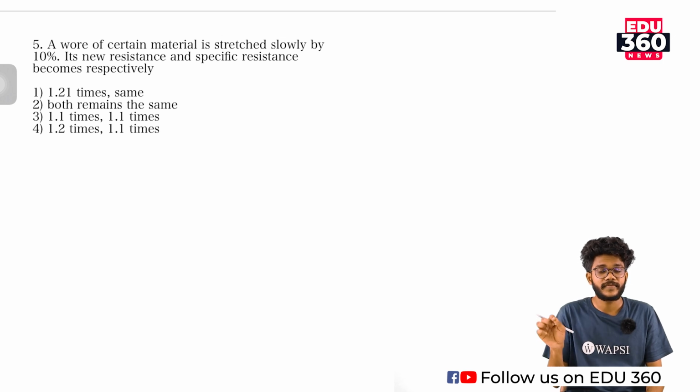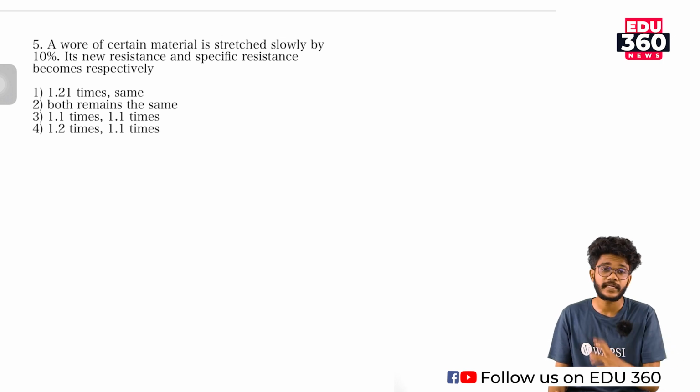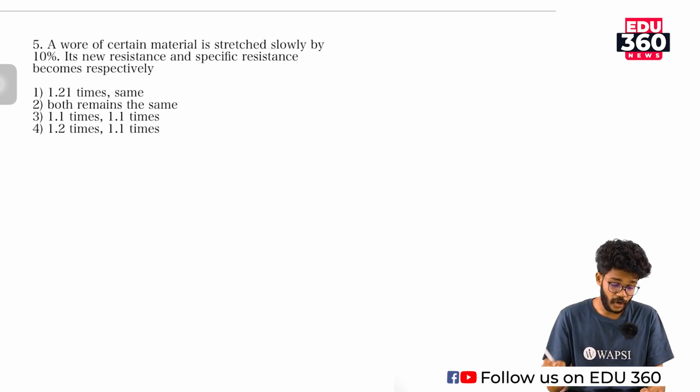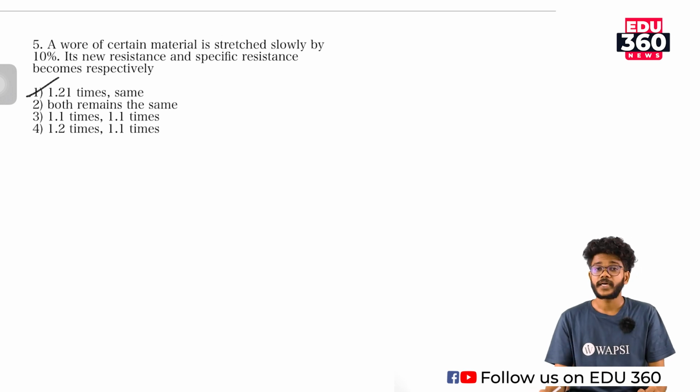Actually think that the specific resistance, that means the resistivity, will not change. It is a material property. For the same material, the resistivity will never change. And in the fourth option also the resistivity is changing, but it is incorrect. So only option 1 is the correct answer.